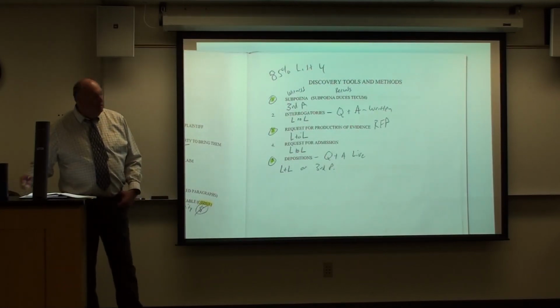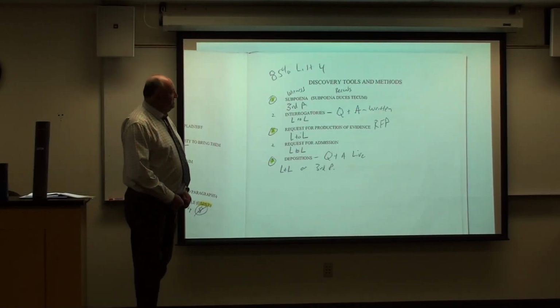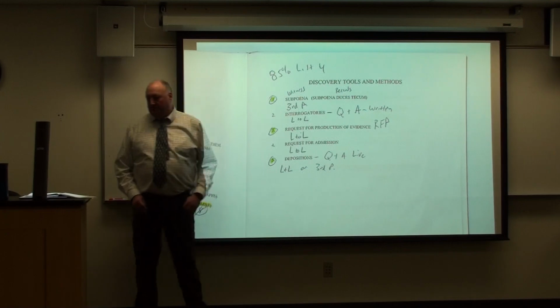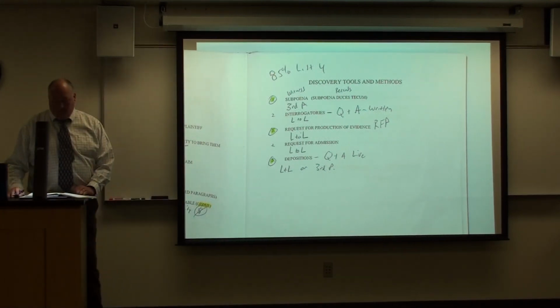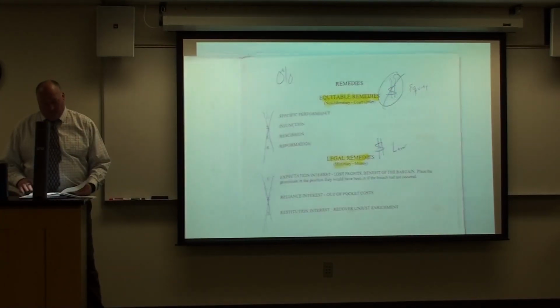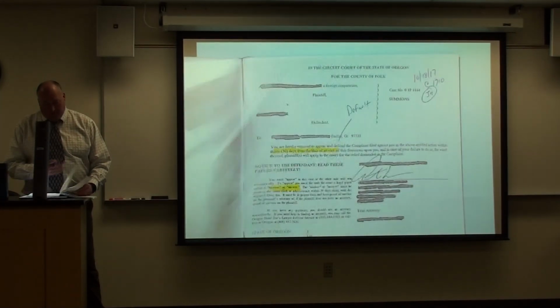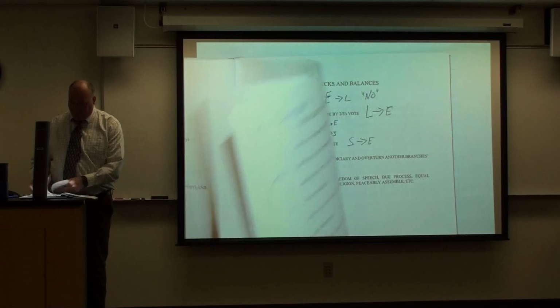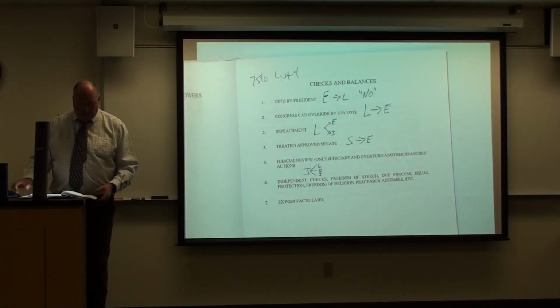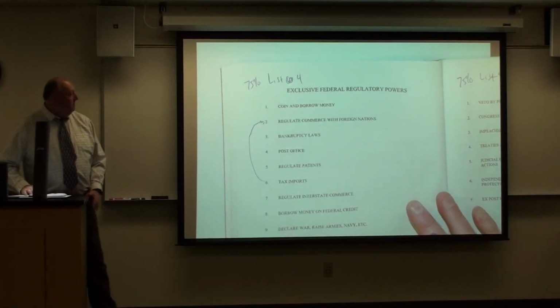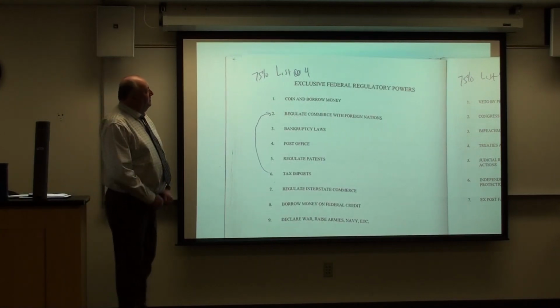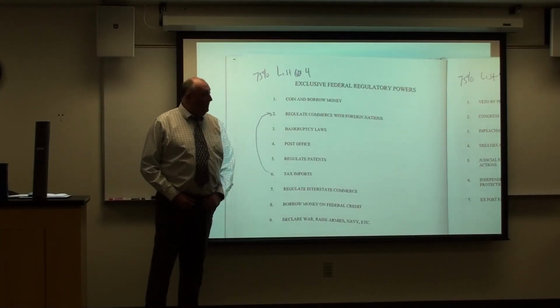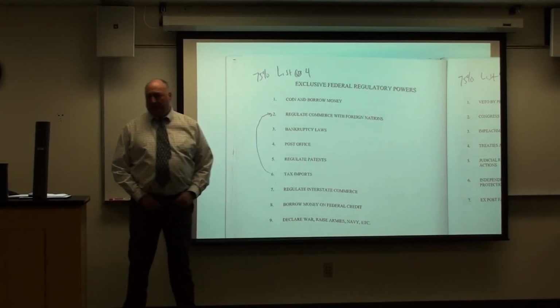Okay, page 30. What are 4 methods of discovery or 4 discovery tools? All right. Page 43. 4 areas of exclusive federal power.